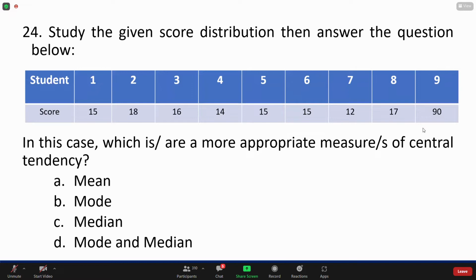Next number, 24. Study the given score distribution, then answer the question below. In this case, which is a more appropriate measure of central tendency? A, mean. B, mode. C, median. D, mode and median.